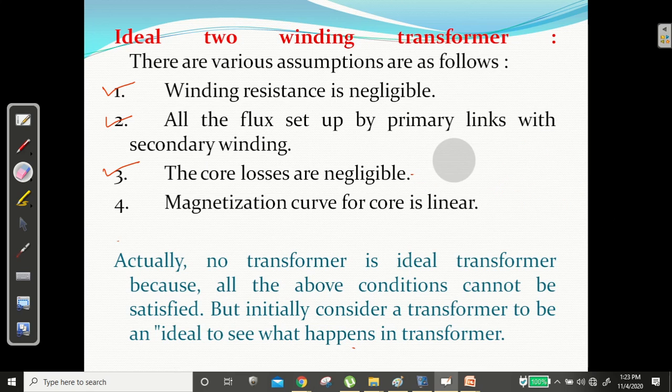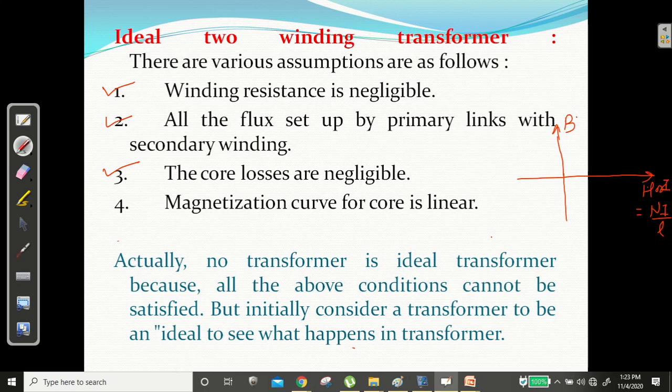If you draw the BH curve, it is like that. This is B, flux density B, and this is H. H is equal to Ni upon L. So you can say H or I.